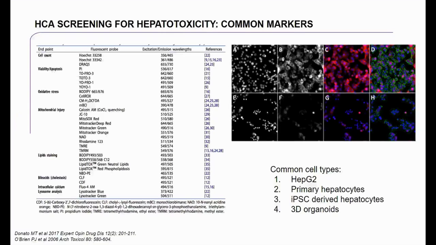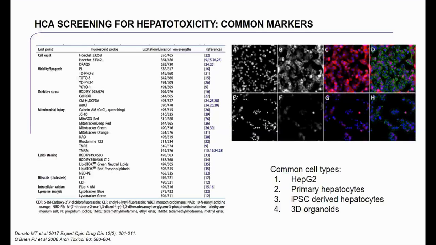As regards the cell types that were available, initially a lot of the work was done in HepG2 cells, which were hepatocellular carcinoma cells that seem to be pretty good at mimicking certain liver functions. People subsequently adopted cell systems that were more physiologically relevant.